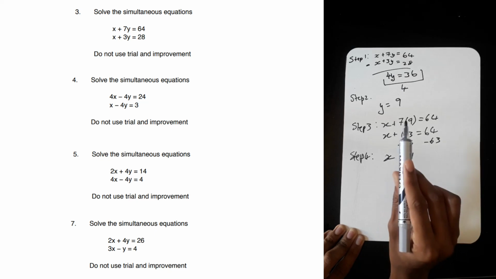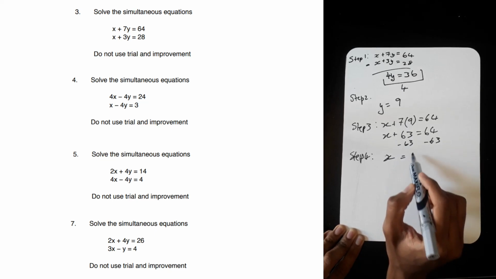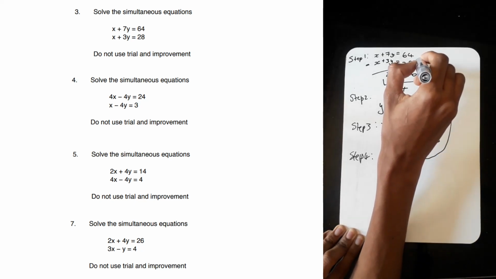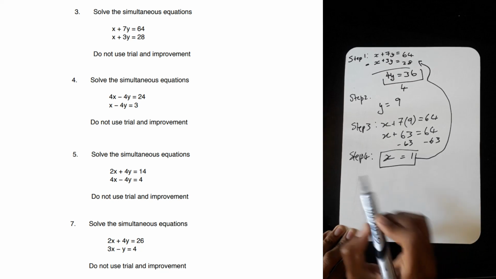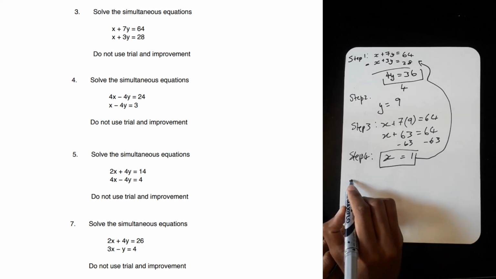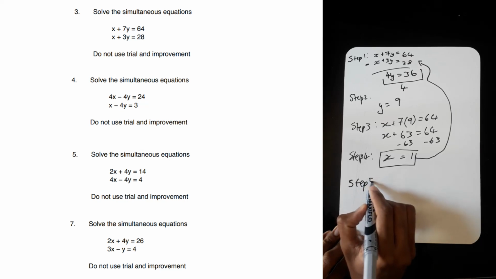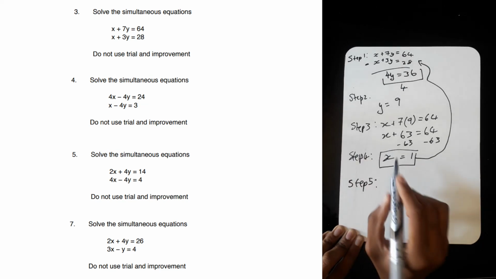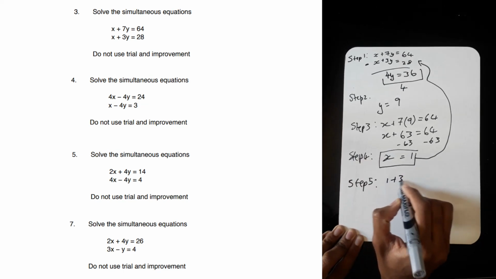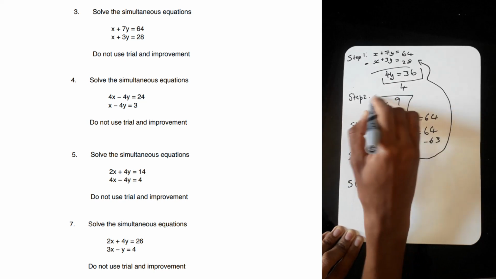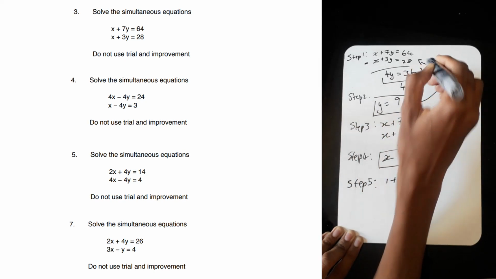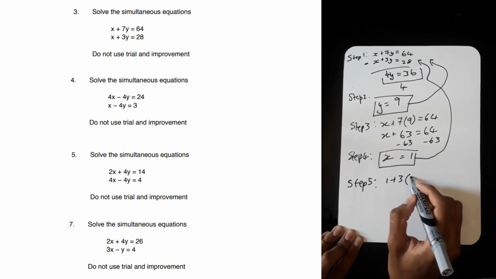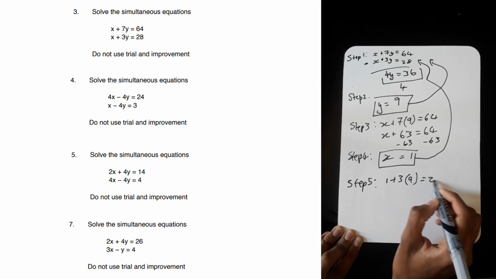And then take this one and plug it back into the first equation. Like you take this and plug it back in here. So step 5 is going to look exactly like this. 1 plus 3 open brackets, plug in the y, so plus 3 times 9 equals 28.